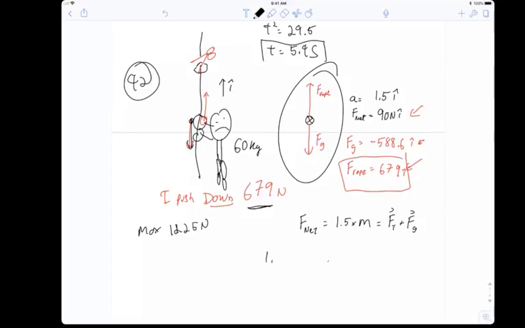So 1.5 times my mass is the maximum tension plus minus 9.81 times my mass. And you solve this for m. It comes out to 108 kilograms.